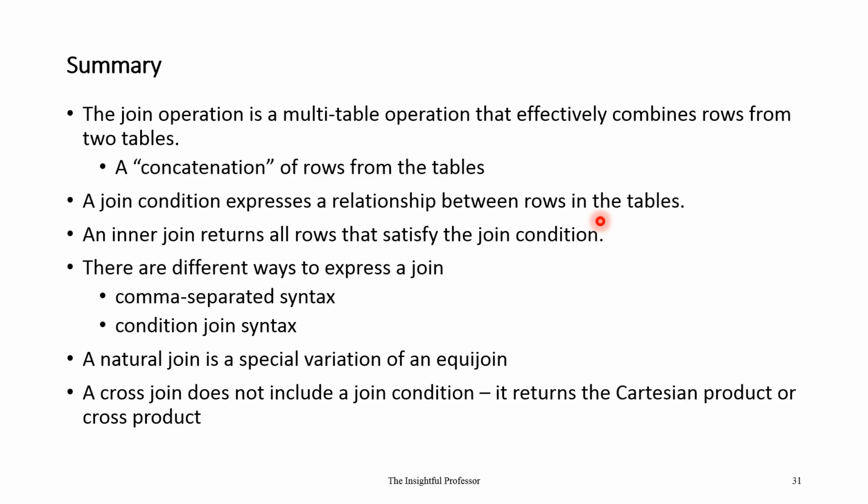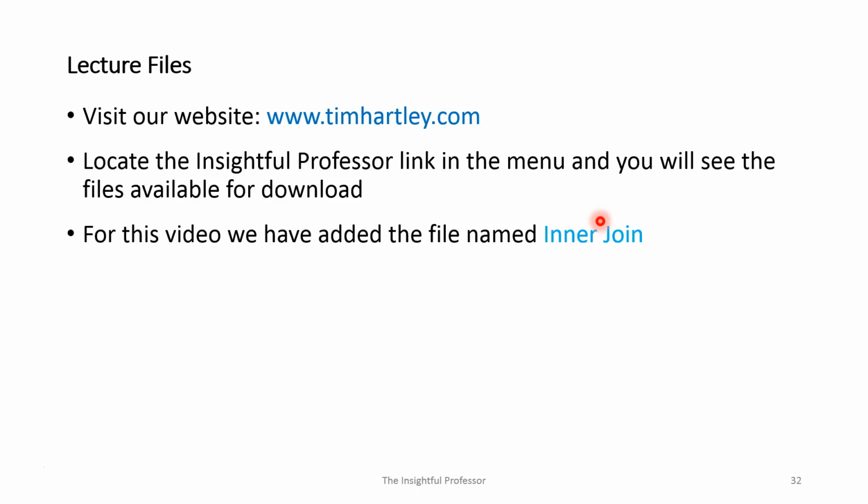Finally, there was a cross join. It did not include a join condition, and it produced what was called the Cartesian product or the cross product. Each row in one table is concatenated with every row from the other table, producing a massive result, much of which may not have any real benefit to you.